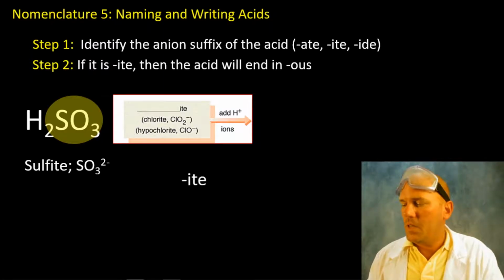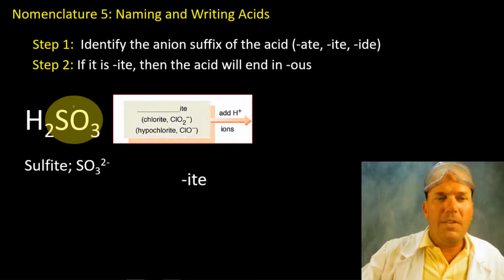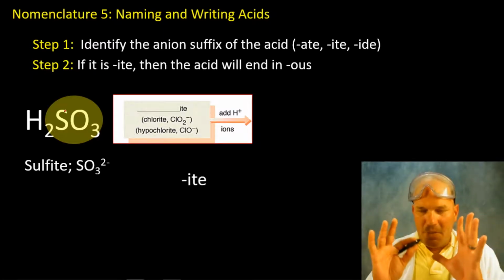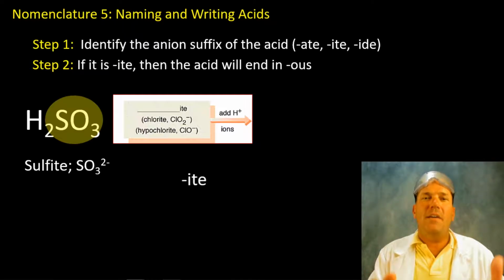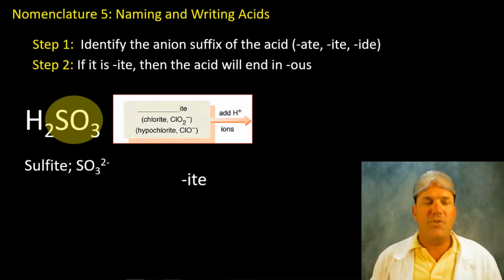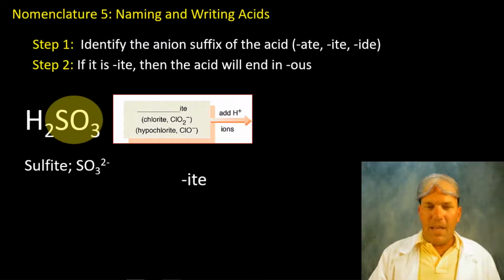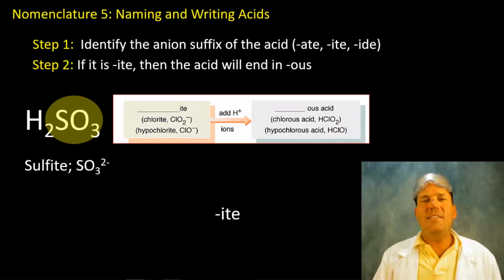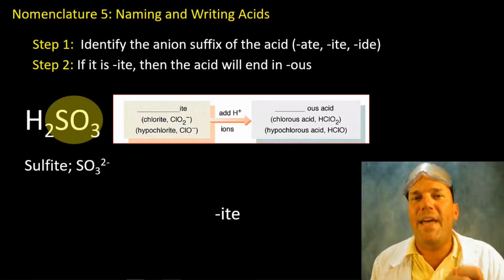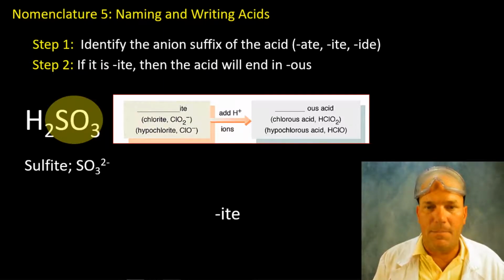Ite is ous. So by following these steps and thinking through these, eventually you will get the hang of naming and writing acids, I assure you. So this is ite, and that means that the ending of the acid ends in the suffix ous and then the word acid.